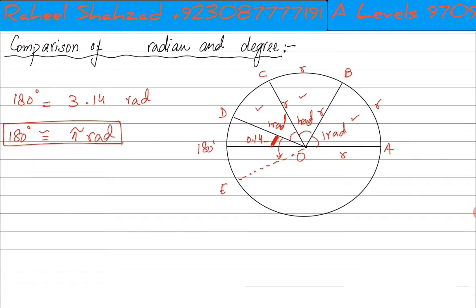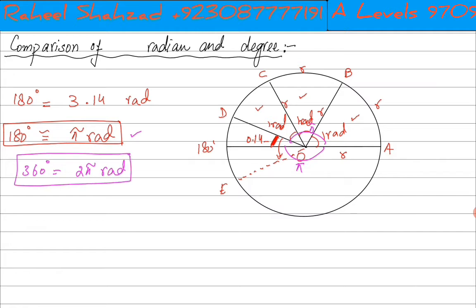At this point, this is the thing you should remember, that 180 degrees equals pi radian, and again this is also pi radian. So 360 degrees is equal to 2 pi radians.